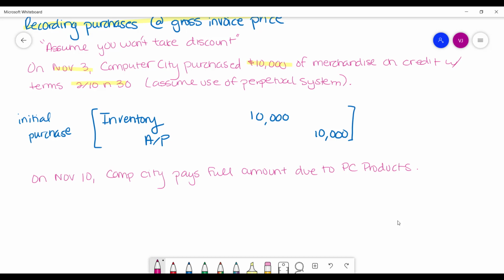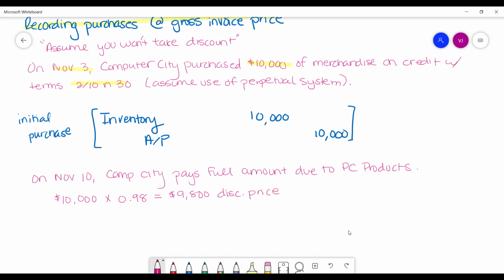They're going to get a 2% discount if they pay this early, even though they recorded the purchase assuming they won't take the discount. So on the $10,000, they only have to pay 98% of that, which is $9,800. That's the discounted price.